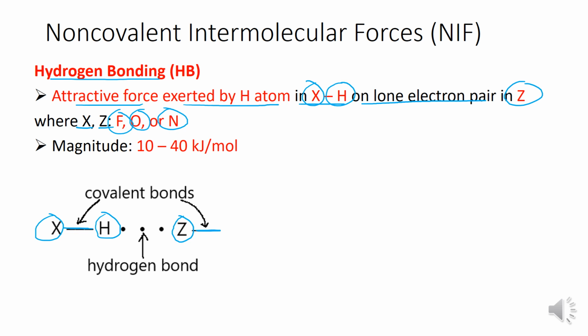So in hydrogen bonding, this hydrogen atom is attracted to a lone electron pair in Z. So we need at least one lone electron pair in the atom Z.